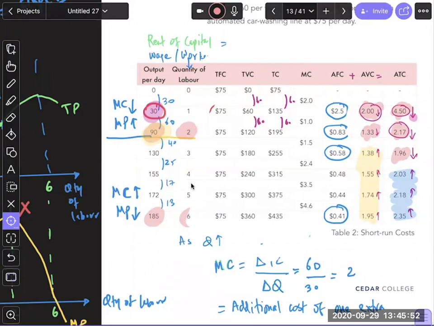Make sense? So marginal cost is the slope of both total cost and variable cost. Haris, marginal cost is not equal to variable cost. Marginal cost is the slope of total variable cost, which means it's the rate at which total cost and total variable cost are changing. Do we get that? Does that make sense?